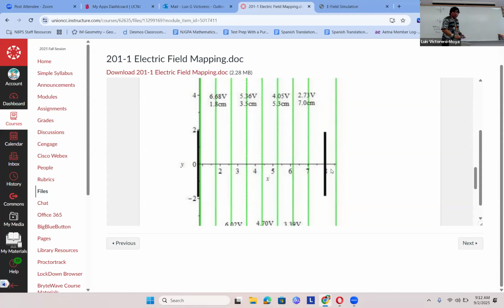Now you're finding the magnitude. So my magnitude of electric field is negative delta V over delta X. You're going from right to left, so 5.36 minus 6.68 over the distance 3.5 minus 1.8.